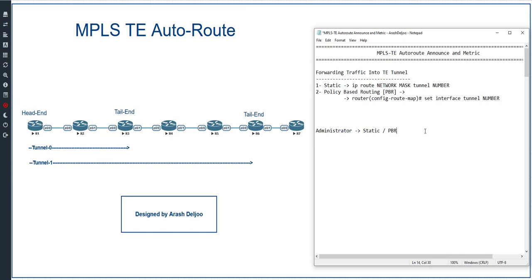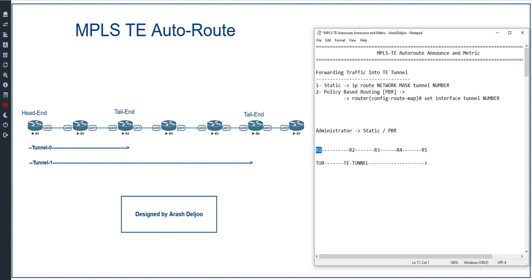When we have a tunnel, for example, from R1 to R5 in this scenario, R1, R2, R3, R4, and R5, assume that we configured one TE tunnel between router 1 and router 5. After this configuration, we have one tunnel 0 here, but this tunnel 0 cannot be seen in the routing table of R1 as, for example, a connected network.